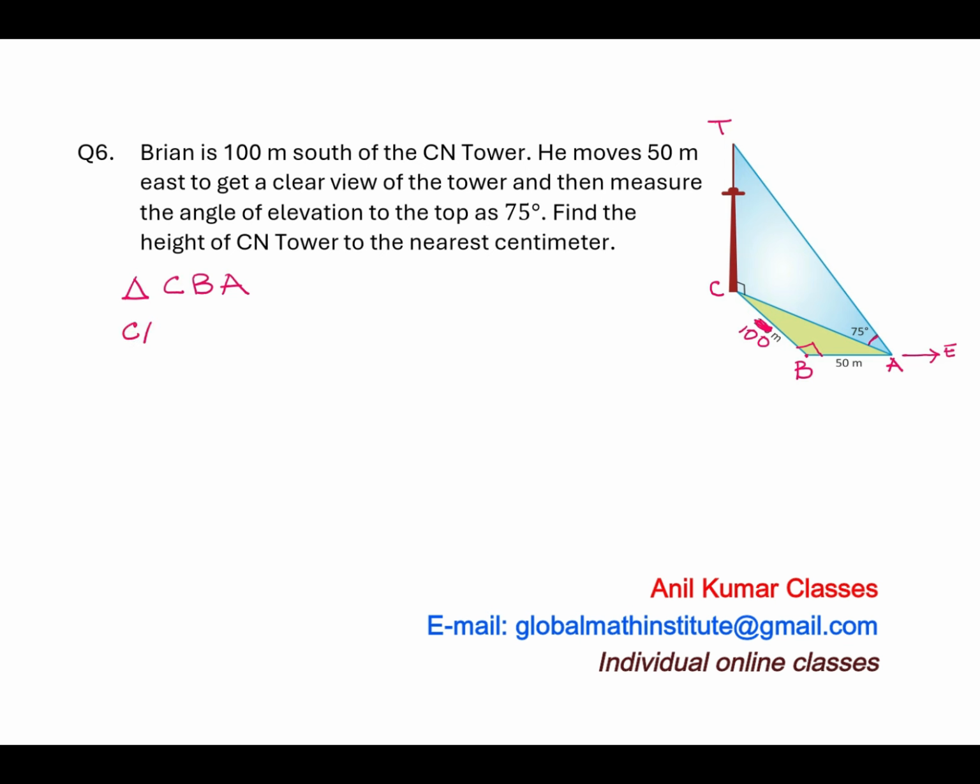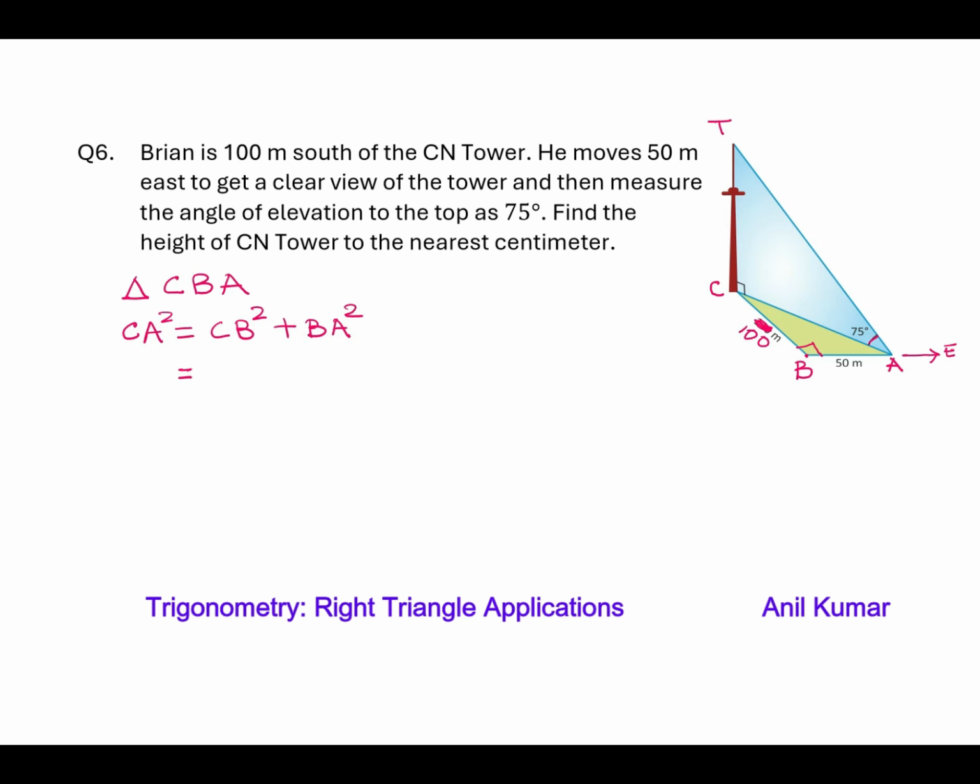So we can say CA squared is equal to CB squared plus BA squared. The sum of squares of the legs of a right angle triangle will be the square of the hypotenuse. So we can find CA from here. CB squared means 100 squared plus 50 squared gives you CA squared.